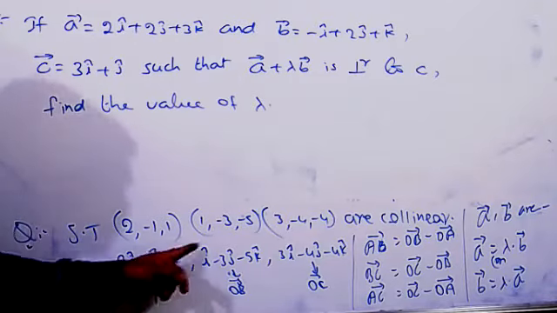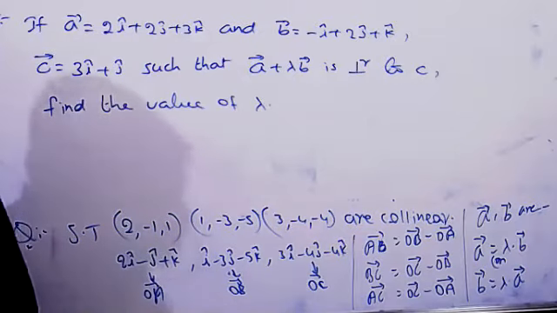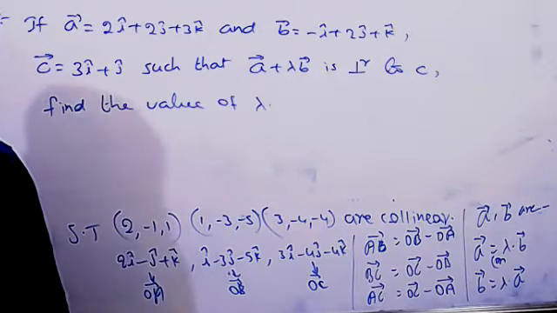These 3 points are collinear. Anyone got it? Dhanush? Dhanush? Dhanush? Kaushalya?